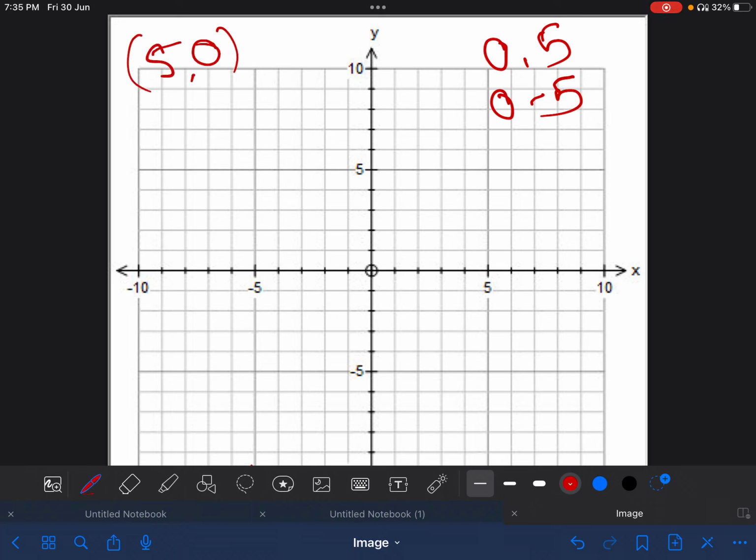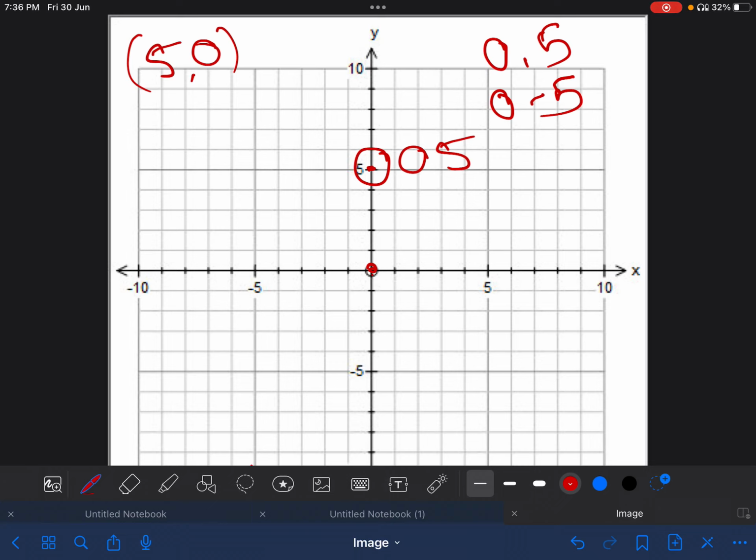Okay, these are the 3 points we have to draw or show on the graph. So x is equal to 0. Okay, x is equal to 0, so it is over here. Now y is equal to 5. So your point x is equal to 0 and y is equal to 5 is here. So this is the value of 0, 5.